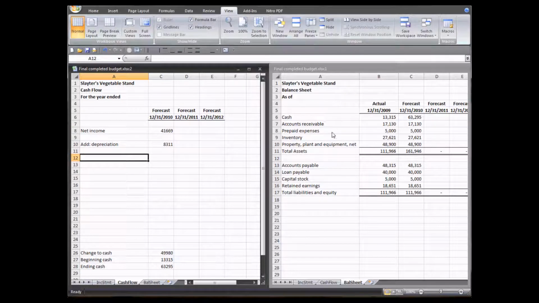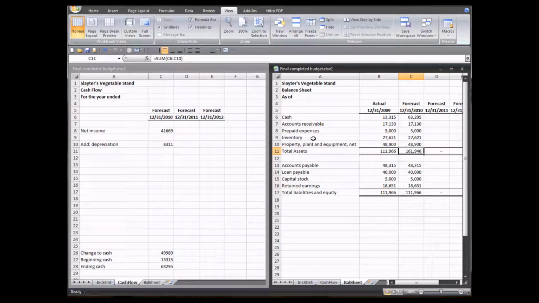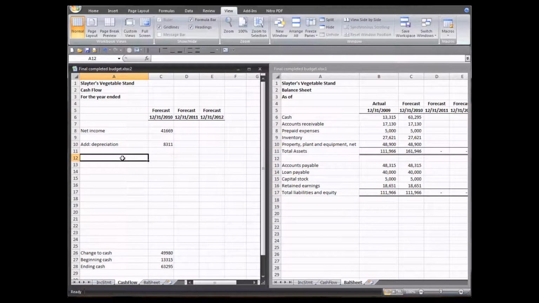Now we want to start thinking about our other current assets, our accounts receivable, our prepaid expenses, and our inventory. So I'm going to have a spot that says if it's a negative number, it's an increase, and if it's a positive number, it's a decrease in these accounts.